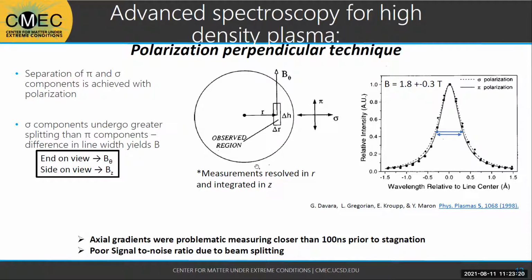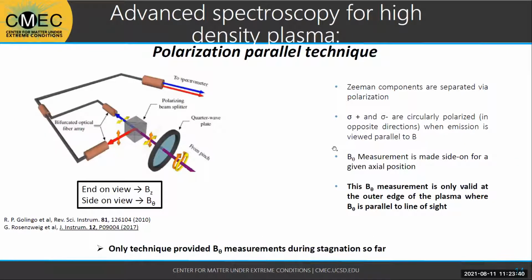This paper was published quite a while ago, and they were not able to get closer than 100 nanoseconds prior to stagnation. That was because of axial gradients along the line of sight, because their pinch wasn't really axially uniform.